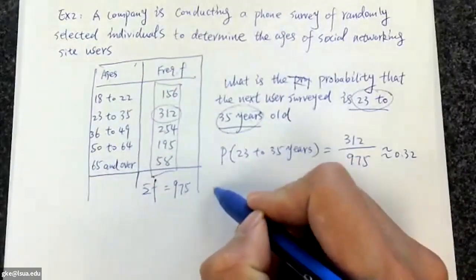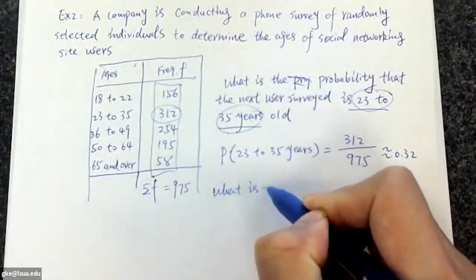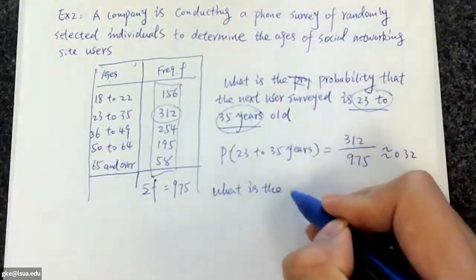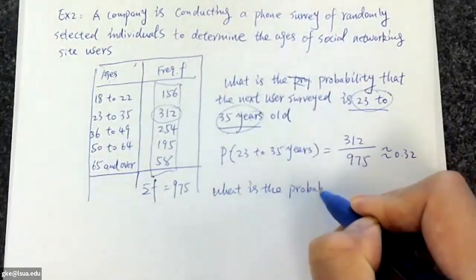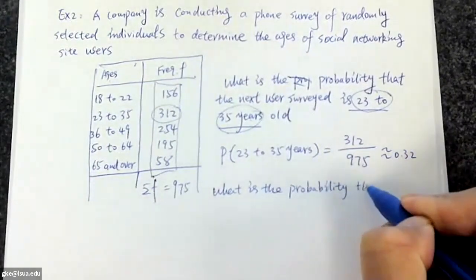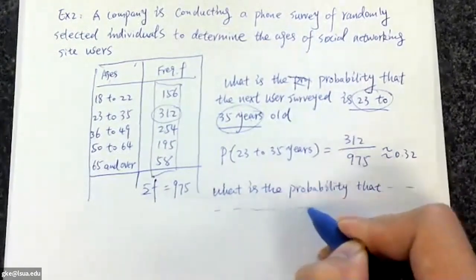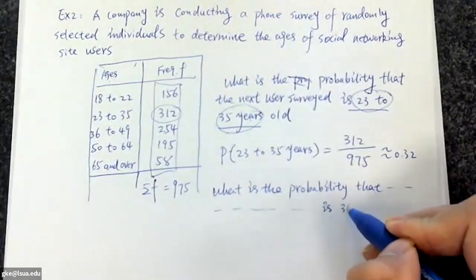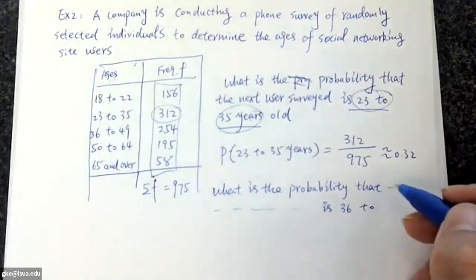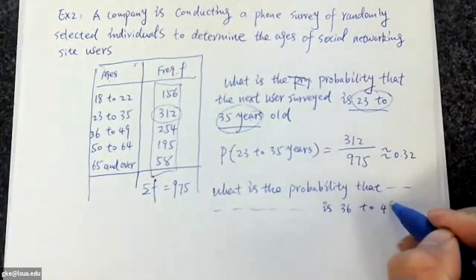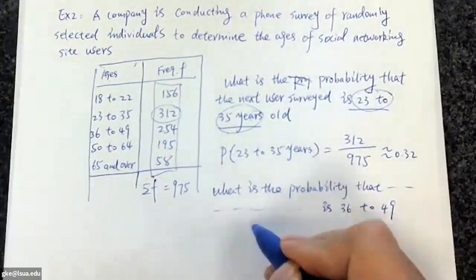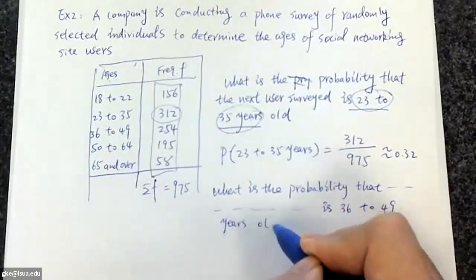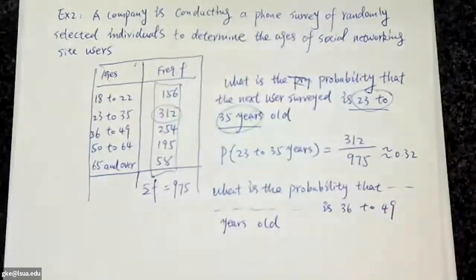What is the probability that the user is 36 to 49 years old? Okay, try this one for me.